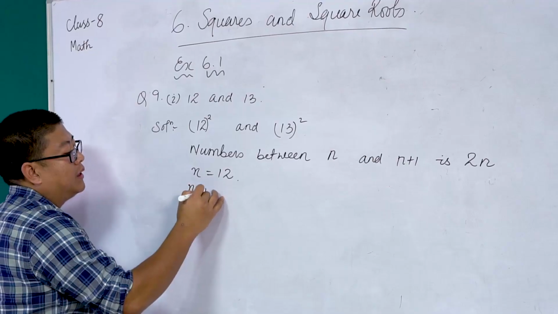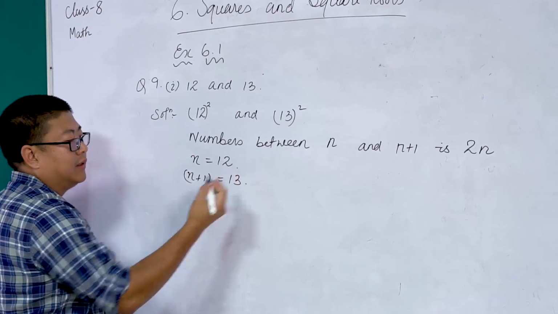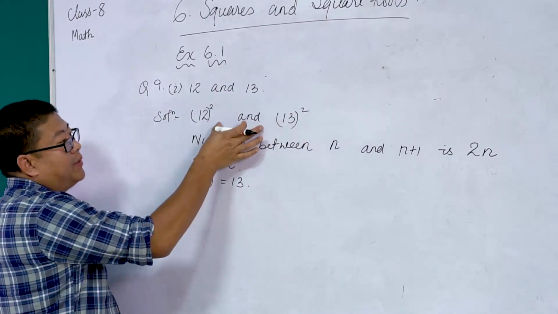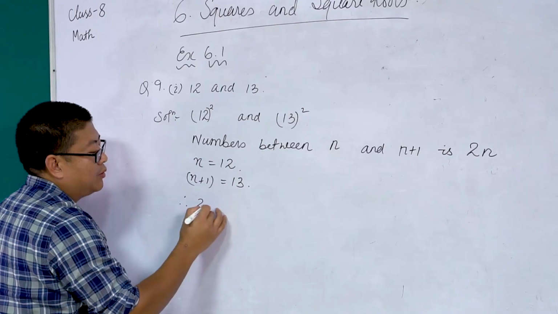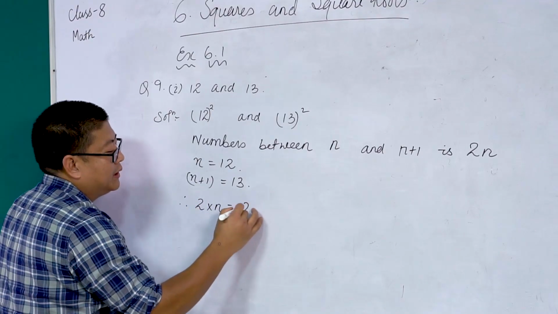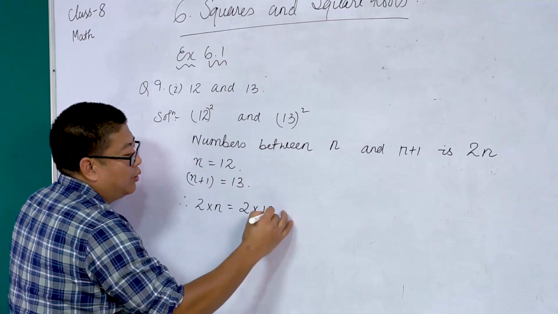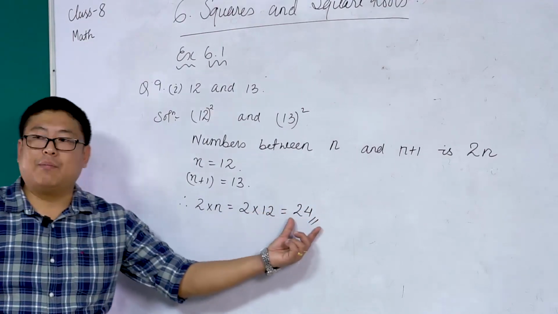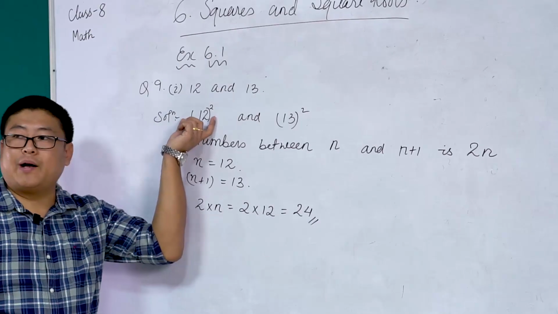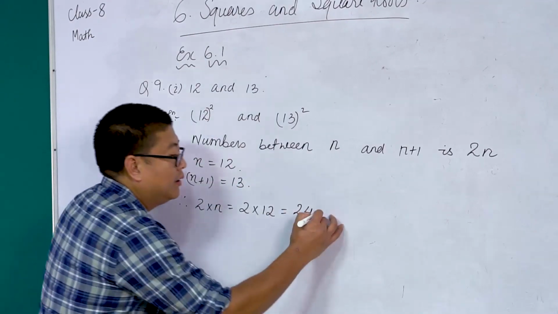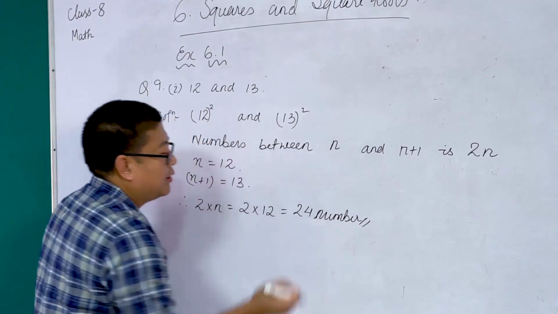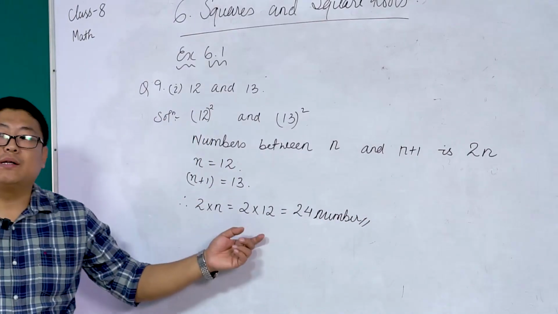Now n plus 1 is nothing but 13. Therefore, to find the numbers between them, we simply have to do 2 into n, which is nothing but 2 into 12, so 24. So there are 24 numbers between 12 square and 13 square. You can write this, 24 numbers. All right, I hope you understand this.